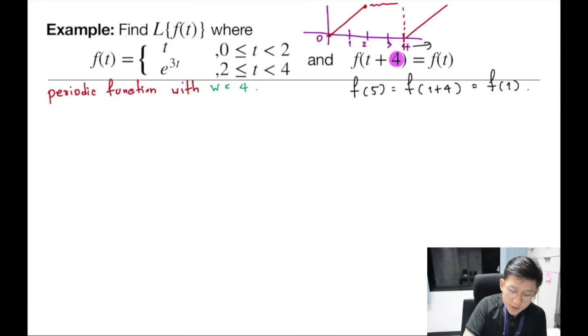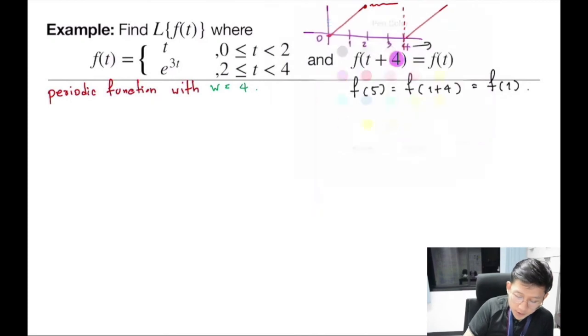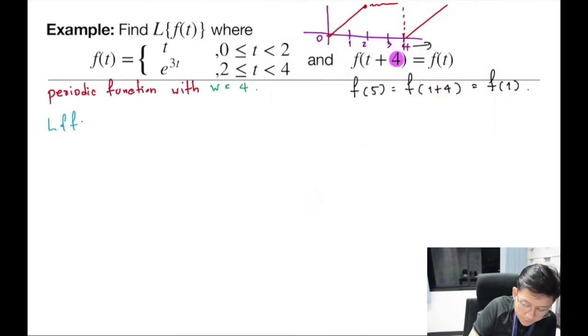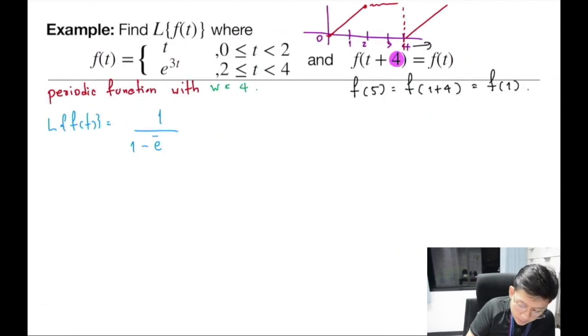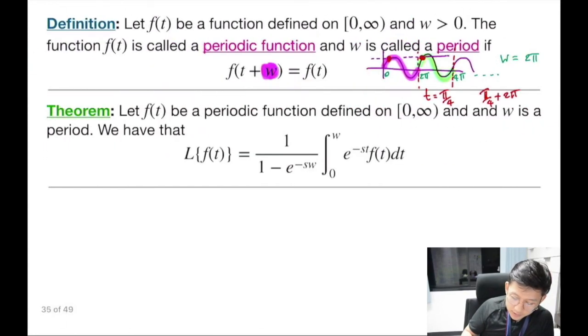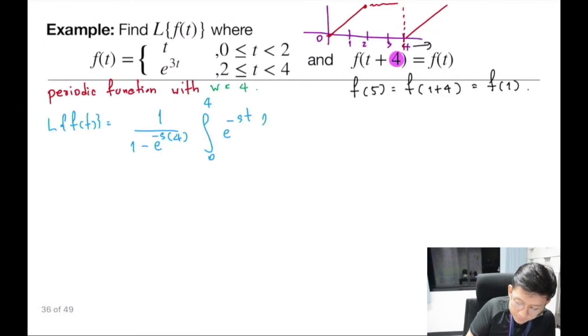So if I want to find a Laplace transform for f(t), you look at the formula: 1 over 1 minus e to the minus s w, and w is 4, integrate 0 to 4 of e to the minus st f(t) dt.